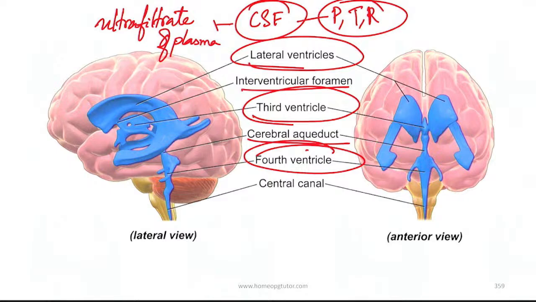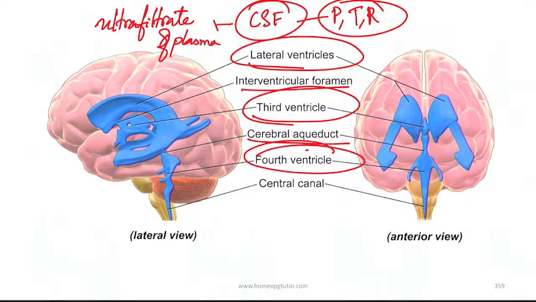The CSF acts as a buoyant medium. Anything immersed in water or any fluid has its corresponding weight reduced, whether an organ or any object. Similarly the brain, because it is surrounded with the CSF, its weight is also reduced.